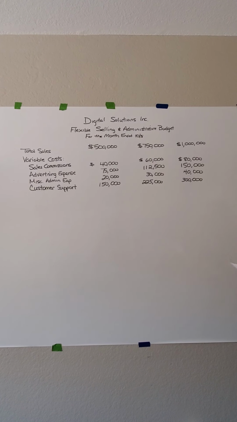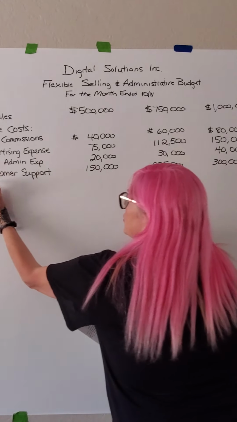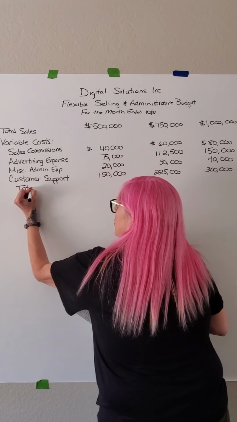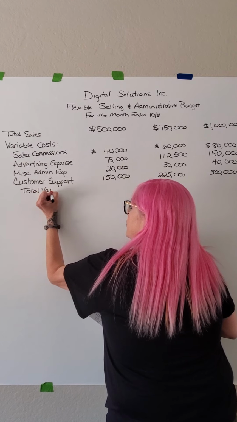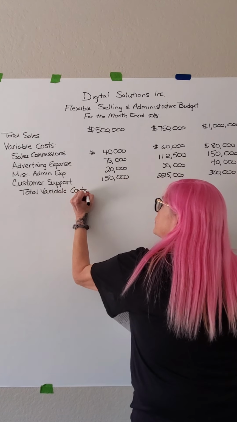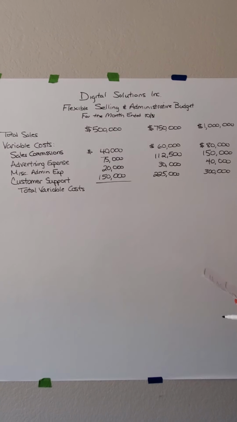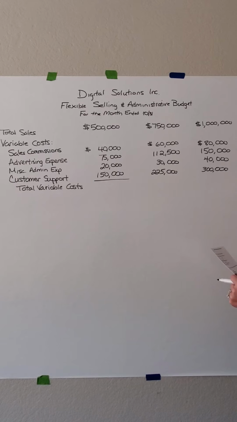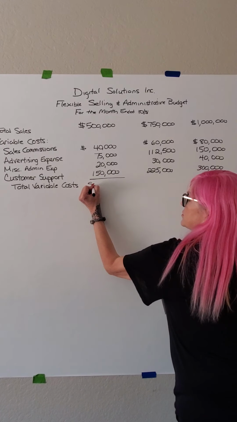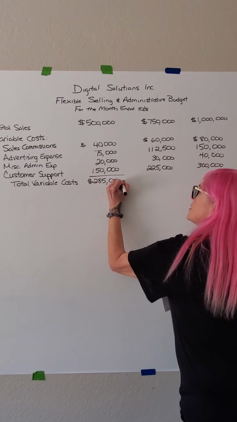So the next step is you want to come up and calculate your total variable costs. So if we add up the four variable costs at $500,000 of sales, we have $285,000 in variable costs.